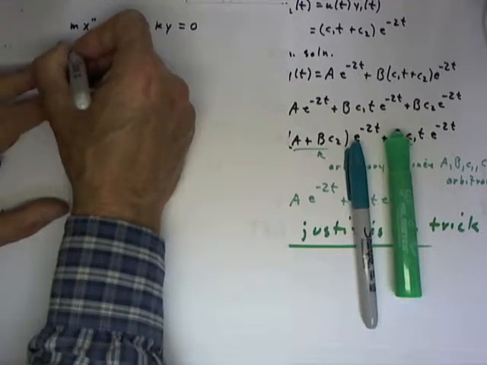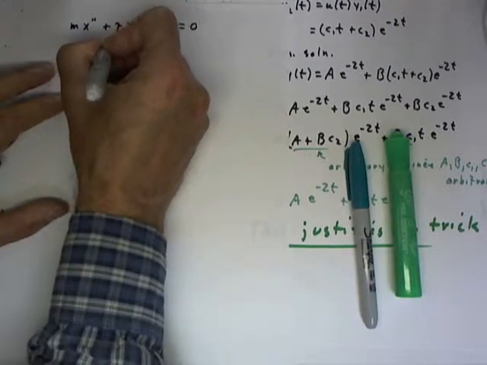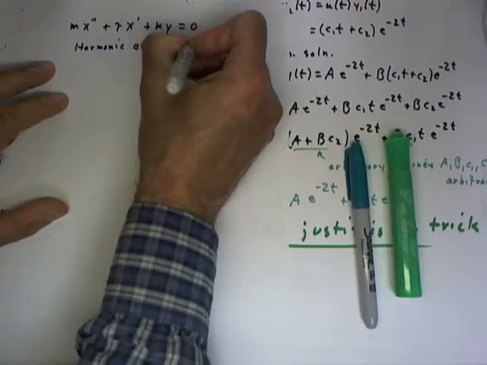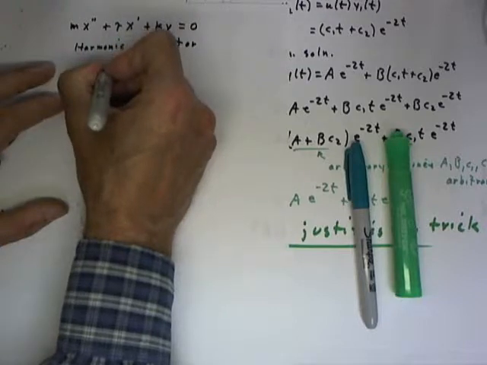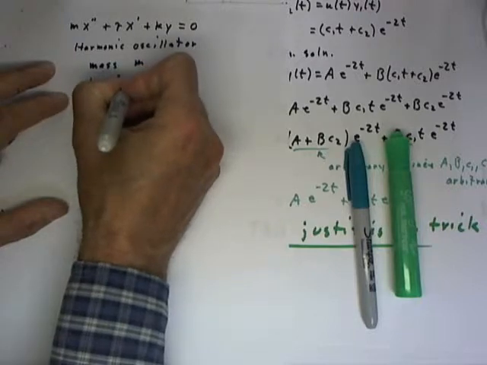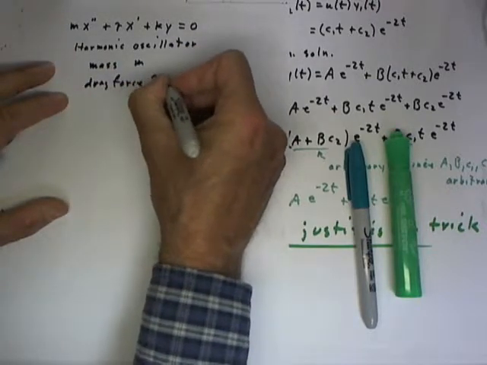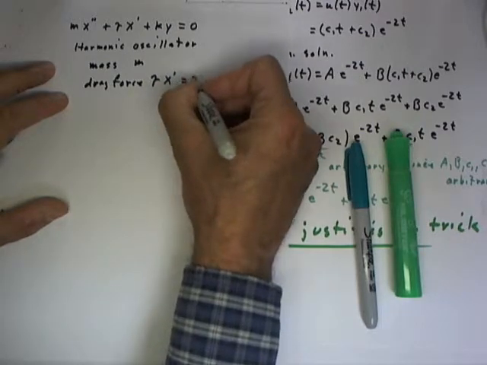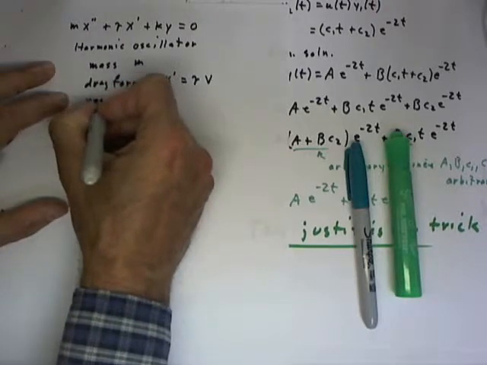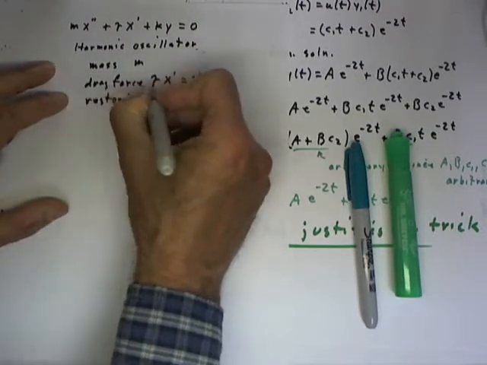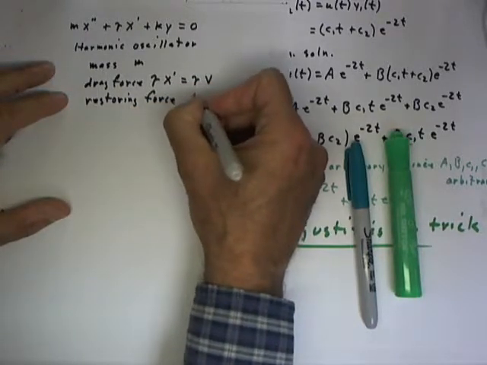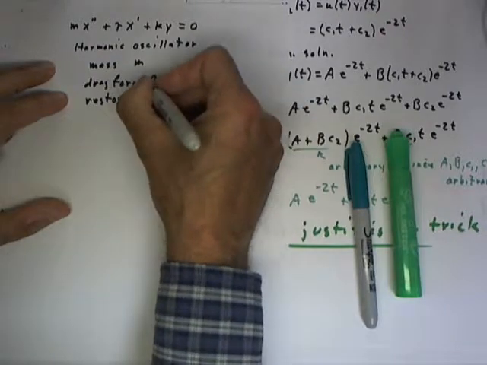This is a harmonic oscillator with mass m, drag force γx'', which of course could be written as γ times velocity v, and restoring force negative ky.